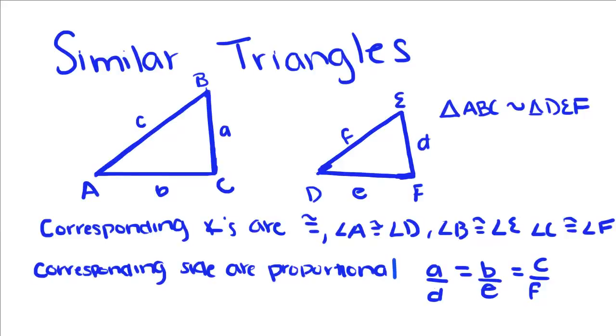So when we say we have similar triangles, it means that their corresponding angles are congruent and their corresponding sides are proportional.